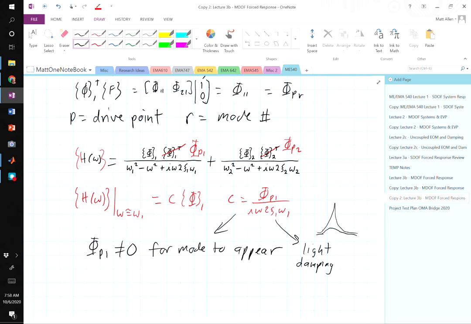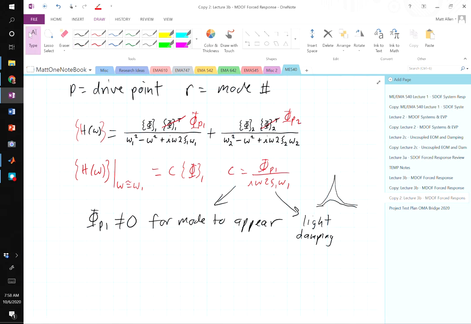And so on our structure, if we go back to that bridge example, let's say we're trying to measure modes of the bridge, and say we're trying to measure some higher order mode like this. If we apply a force here, then this mode doesn't appear, isn't excited.